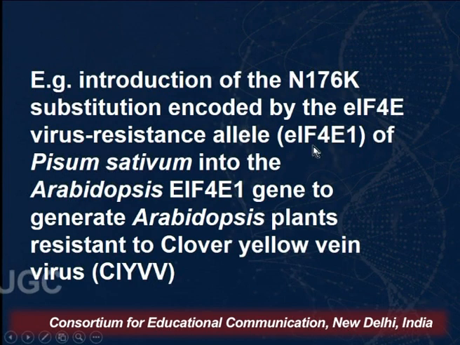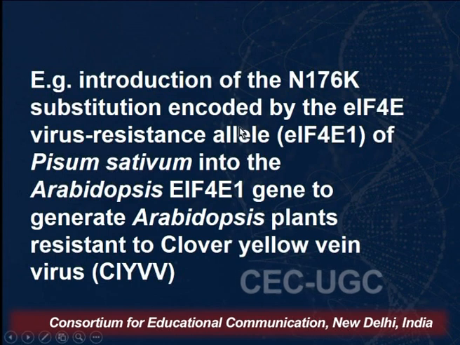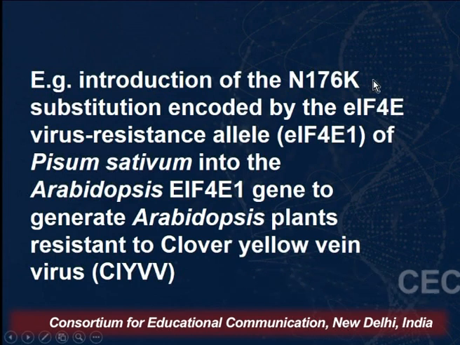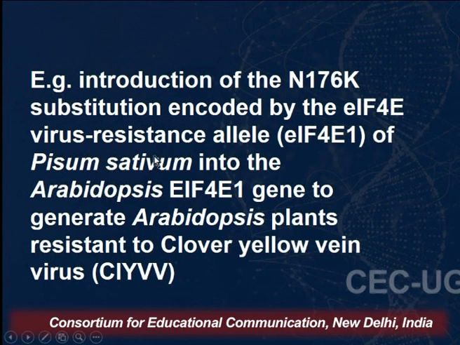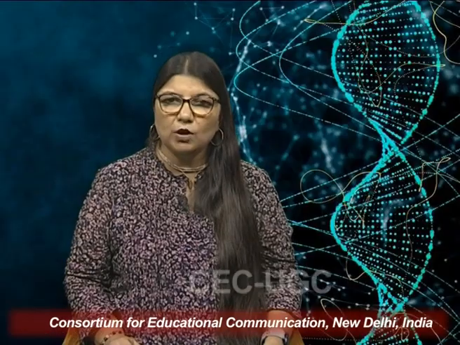So, when the N176K substitution from Pisum sativum is incorporated into the Arabidopsis elongation initiation factor gene, it generates Arabidopsis plants resistant to the clover yellow vein virus. So, this is again a mechanism that can be done by the HDR mechanism.